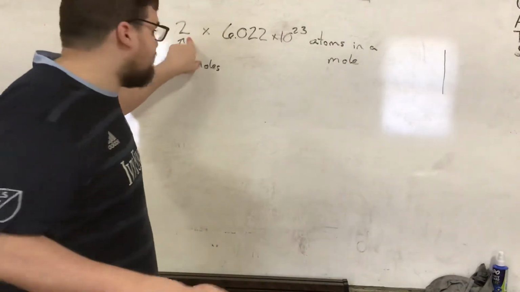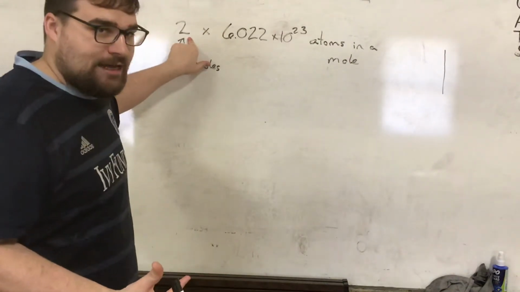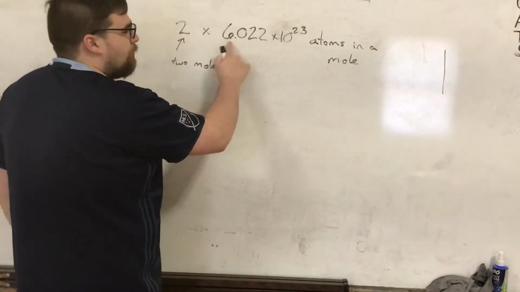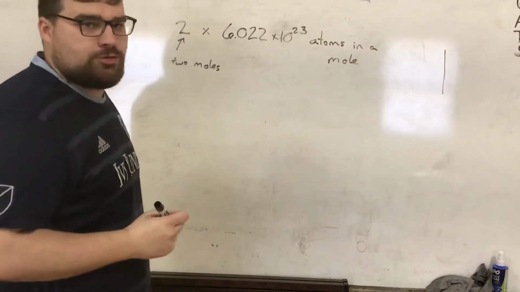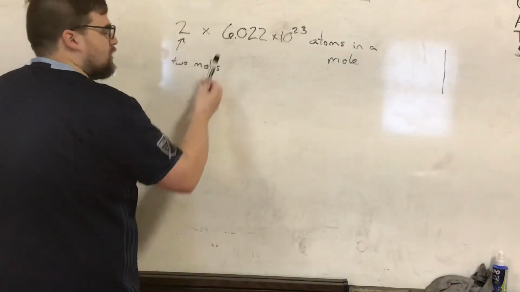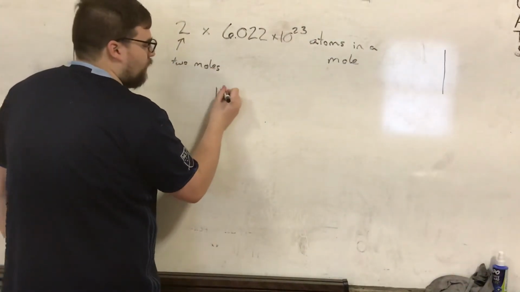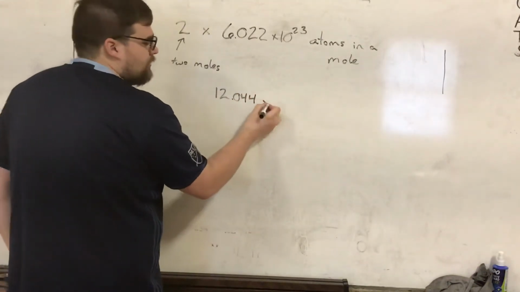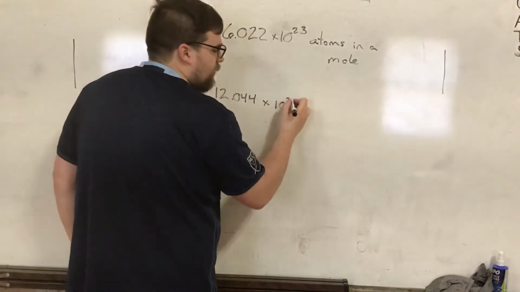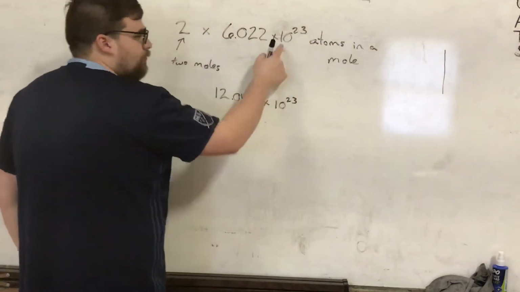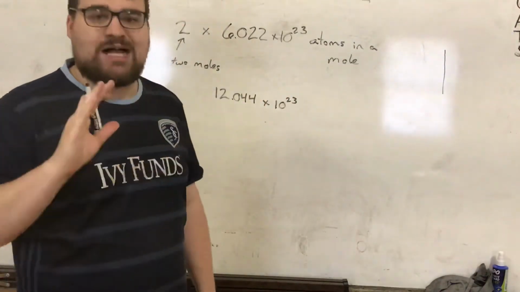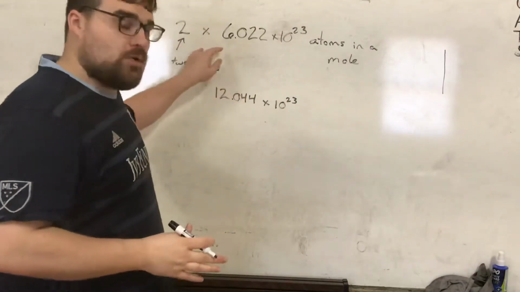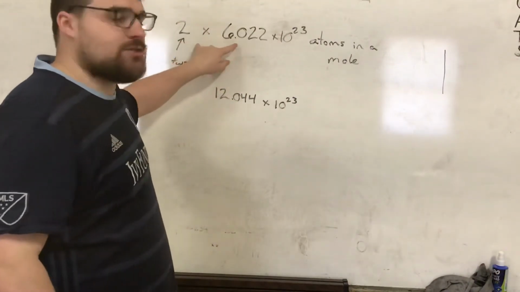That 2 doesn't have any 10s attached to it or anything like that. So all that's going to happen is this 2 is going to multiply the 6.022. So 2 times 6.022 is going to be 12.044 times 10 to the 23rd. The scientific notation part of this does not change at all when we are multiplying these two numbers.